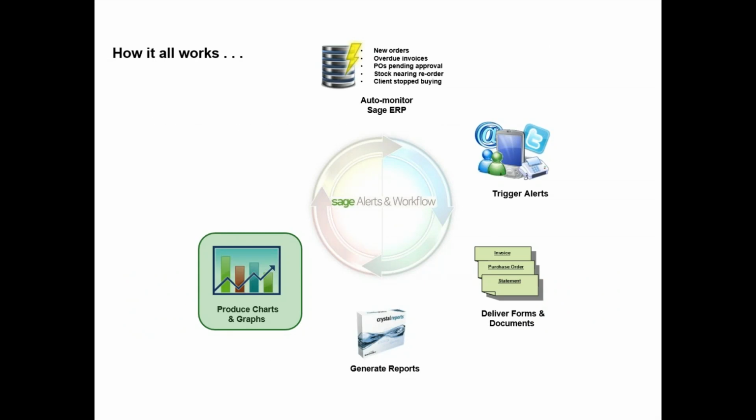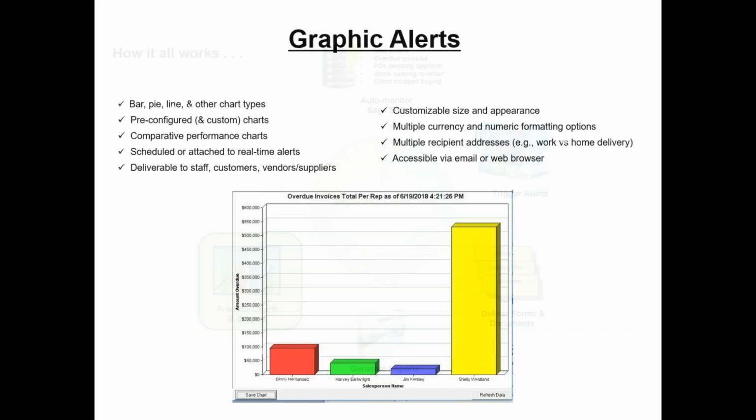And of course, when we do talk about generating and delivering more detailed information like an AR aging report, sometimes it's true that a picture really is worth 1,000 words. So for example, if I'm concerned about my sales reps and whether or not they're doing a good job collecting payment for invoices from their clients, again, perhaps the most useful bit of information that I could send out to my reps or my sales manager might be something like a bar chart showing for each sales rep the total of overdue invoices of each of their corresponding clients.